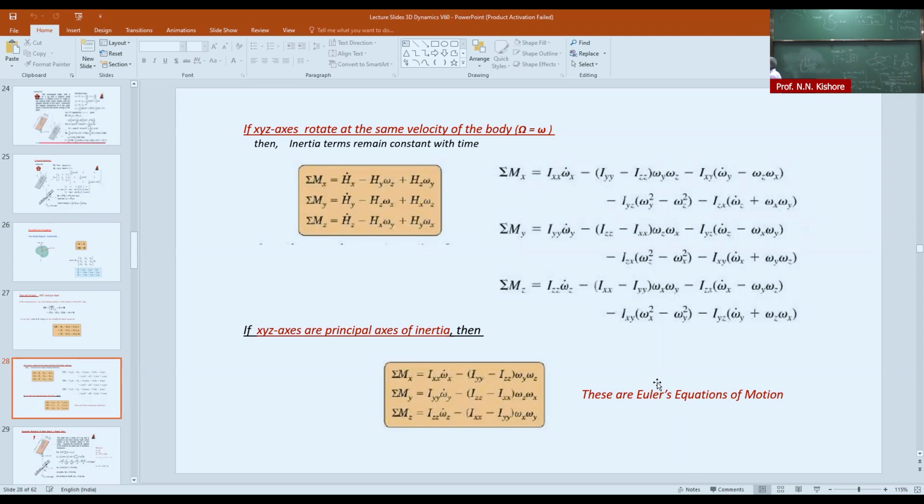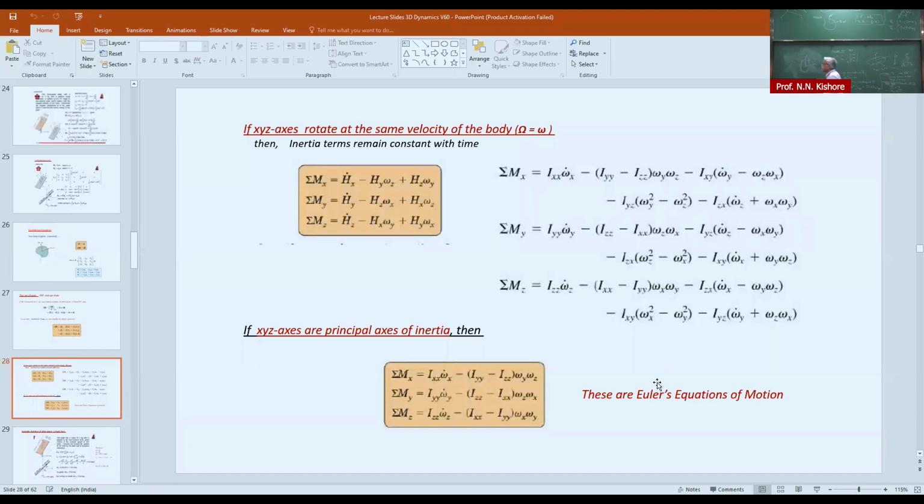This last one is the one I was talking about. If xyz are the principal axes of inertia, that means only the diagonal terms of the inertia will remain. Okay, you have chosen small xyz as the principal axes of inertia itself. Then all the cross products will drop out, and this is the one, nicely in a smaller form.